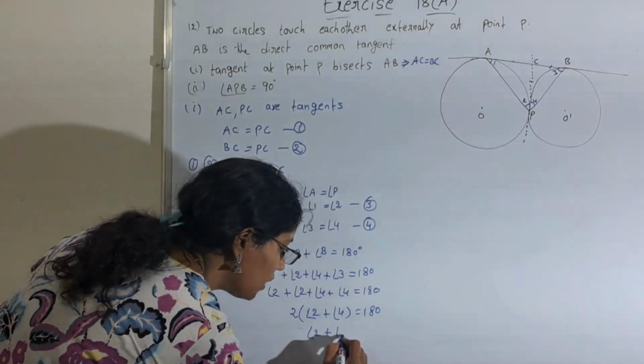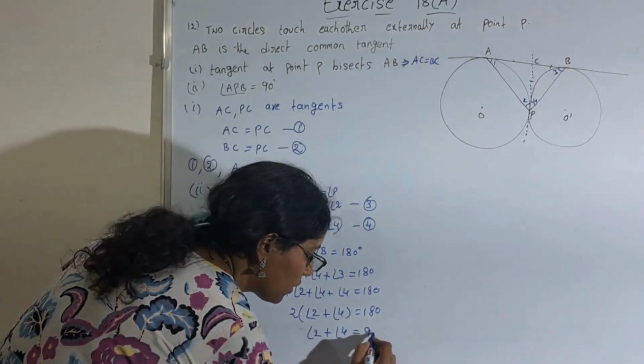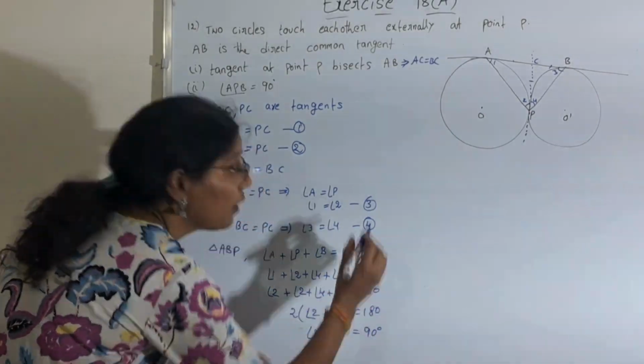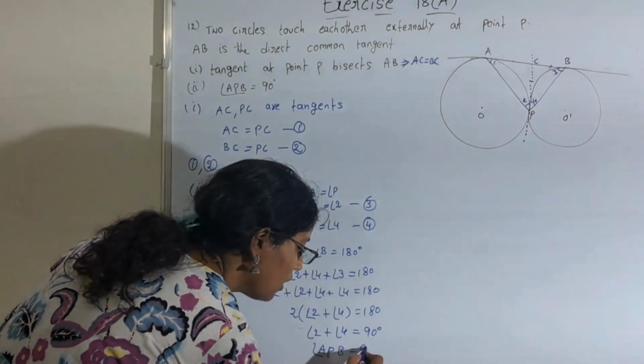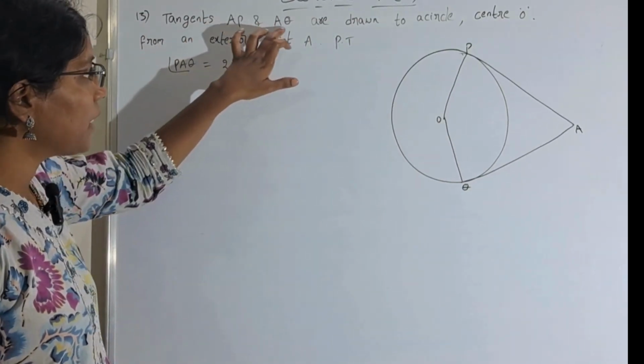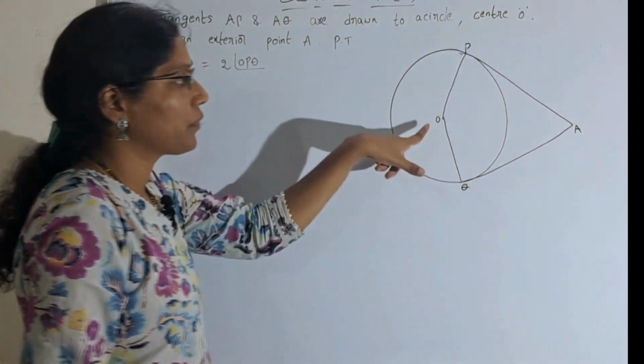Shifting the 2 to the right side, 180 by 2 is 90 degrees. So angle APB is equal to 90 degrees. Hence proved.